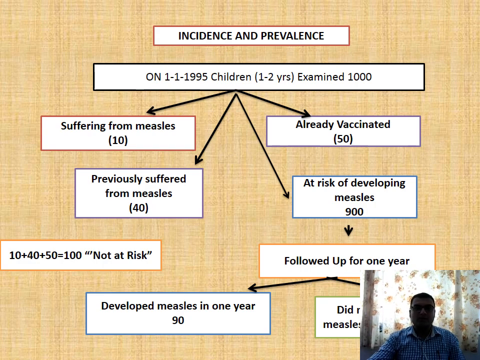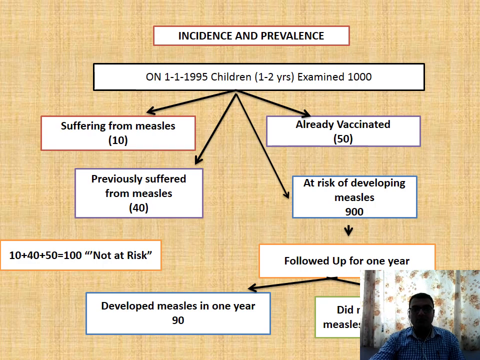There were 40 children who previously had measles and 50 children who were already vaccinated. So in total, 10 plus 40 plus 50, that is 100 children, are not at risk of measles again. But we have 900 children who are at risk of developing measles in the future.